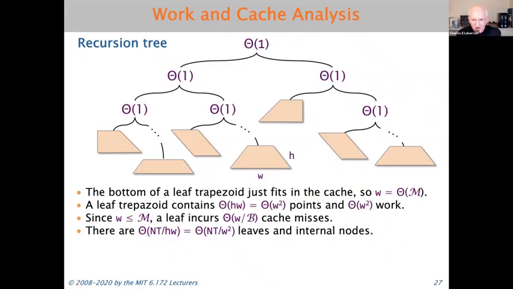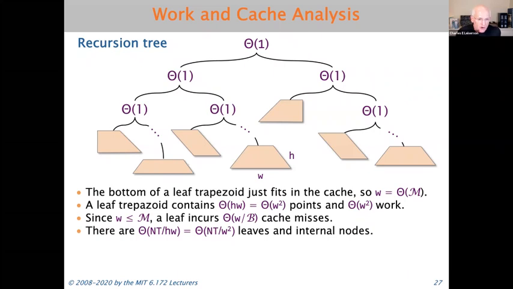So that means there are theta NT over HW trapezoids, because they each have theta HW size, and there's NT overall. The leaves are all a partition of the iteration space, and we have therefore NT over W squared leaves.